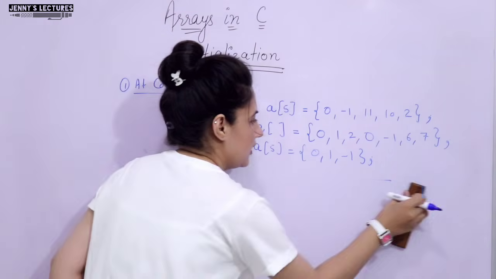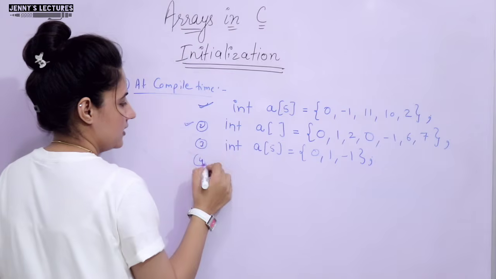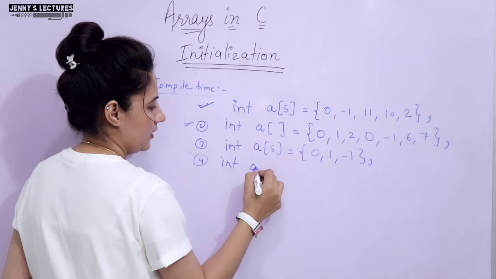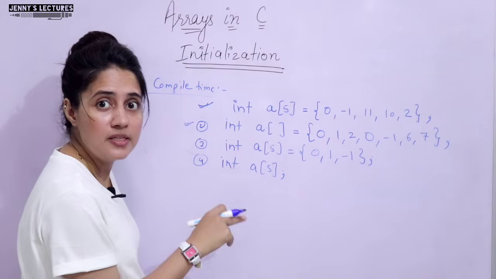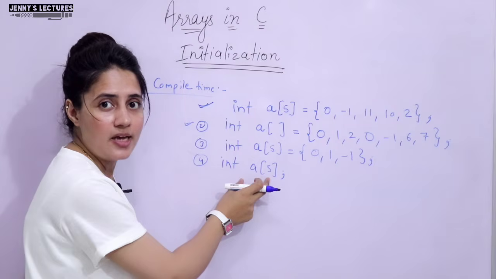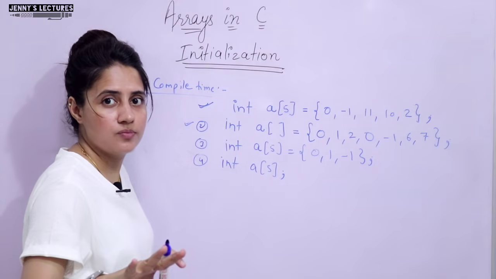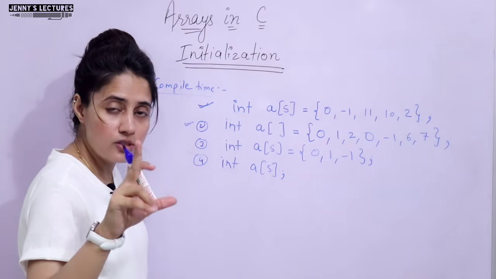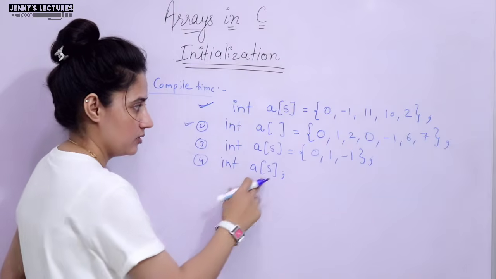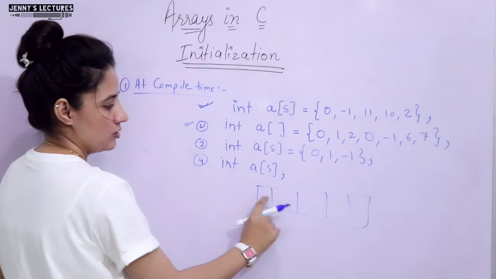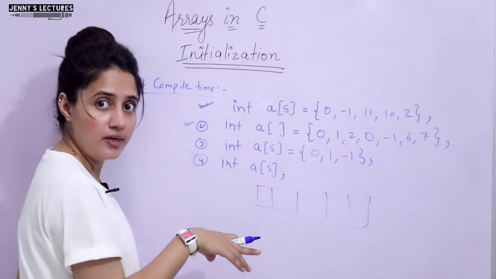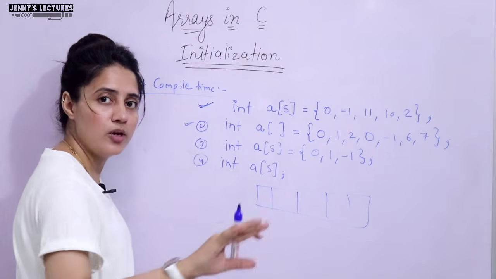But if you write something like this, next is what? If I write int a[5] and that is it, then the array has garbage values, any garbage value, not 0, in these 5 locations. If you print without initializing, then garbage values would be printed.